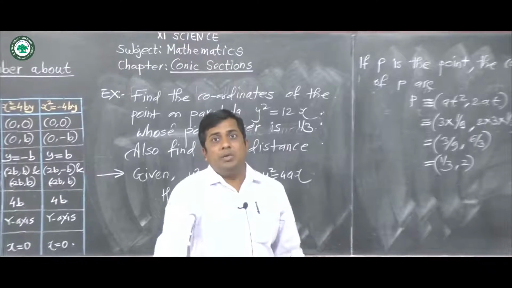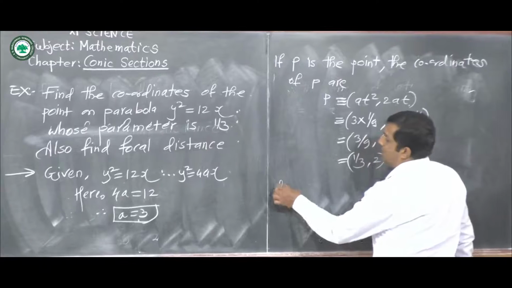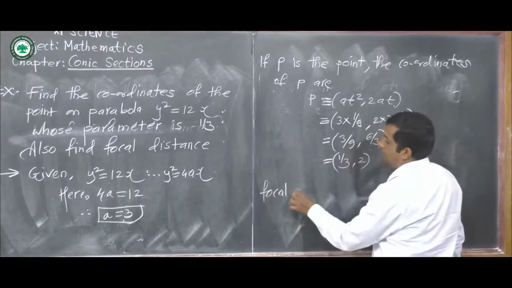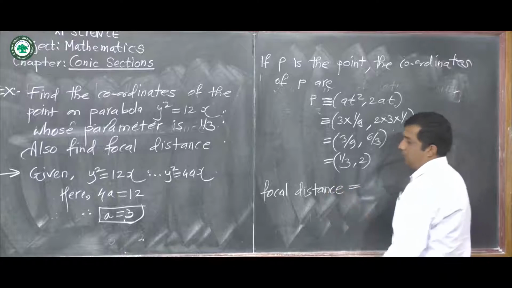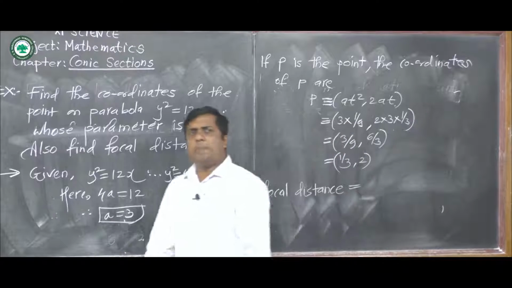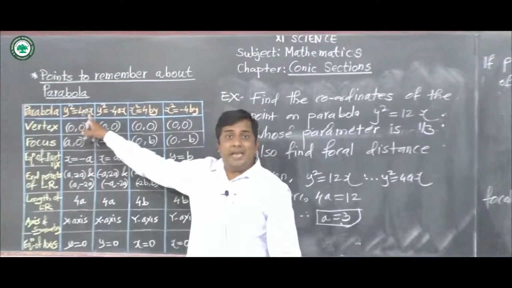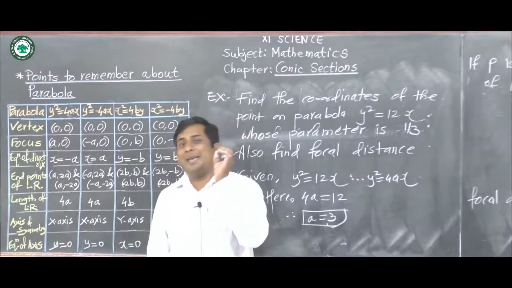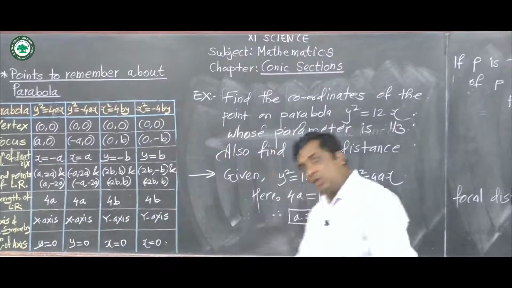Now we have to find the focal distance. For the parabola y square is equal to 4ax, the focal distance is always x1 plus a. We defined this in the last lecture.